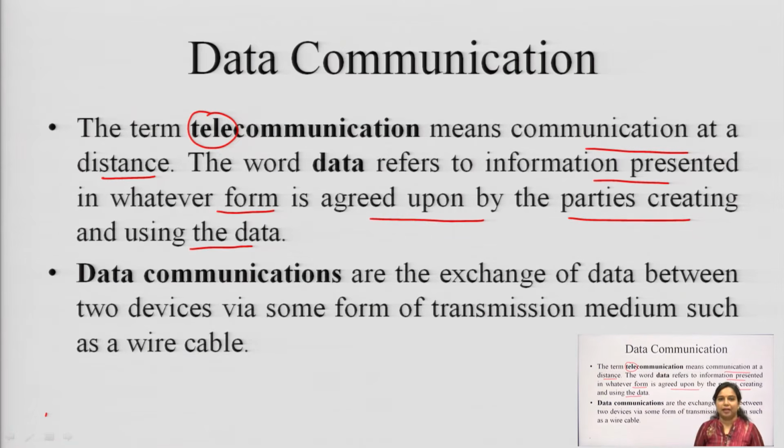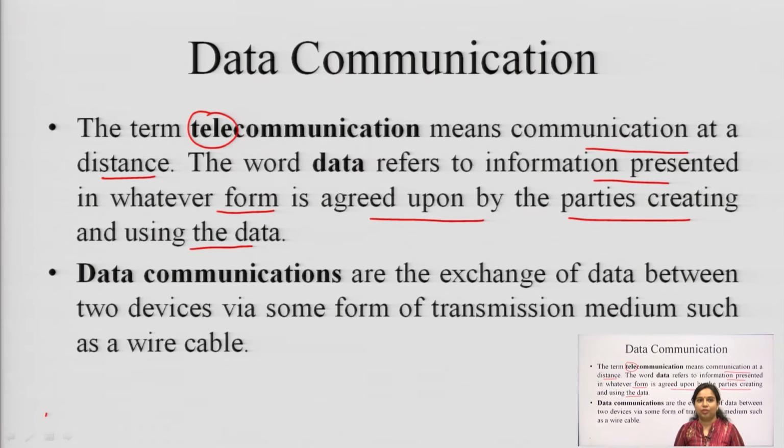What are parties? If two people are involved in communication and agree on transferring the information in, let us say, the French language, then the information should be in French. It means the two parties, transmitter and receiver, have agreed on transferring the information in that particular language.